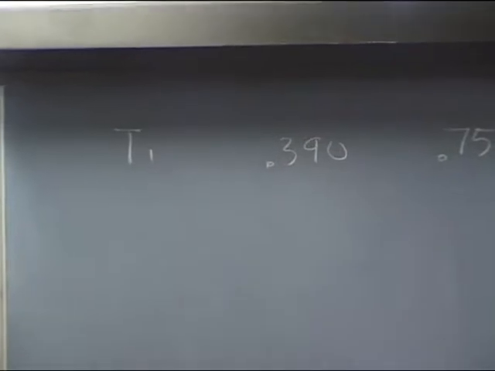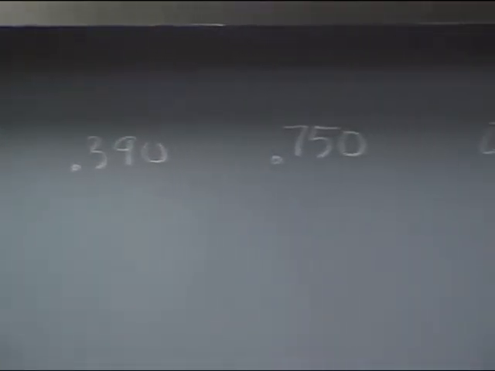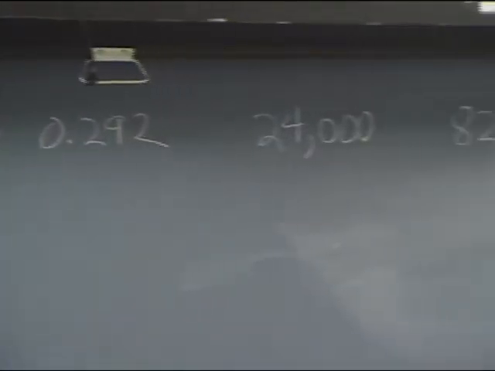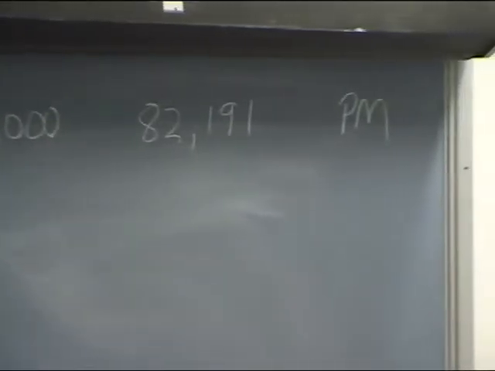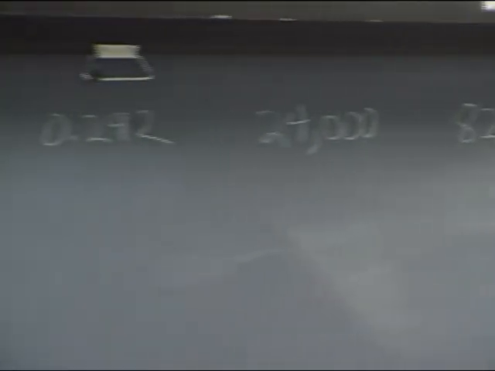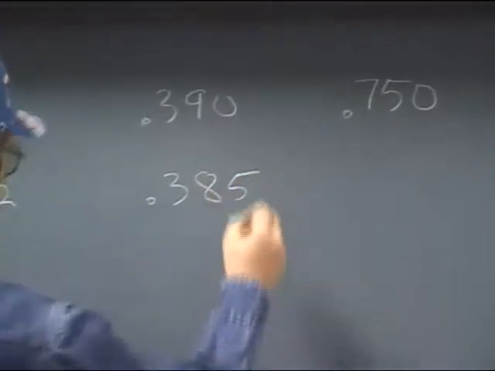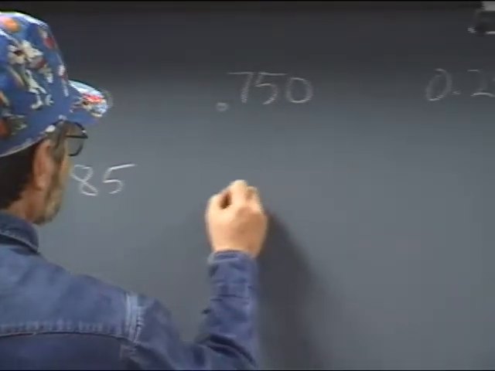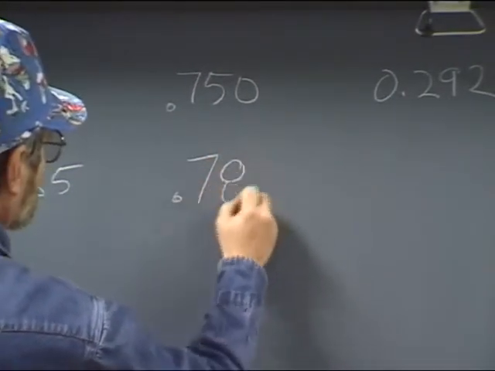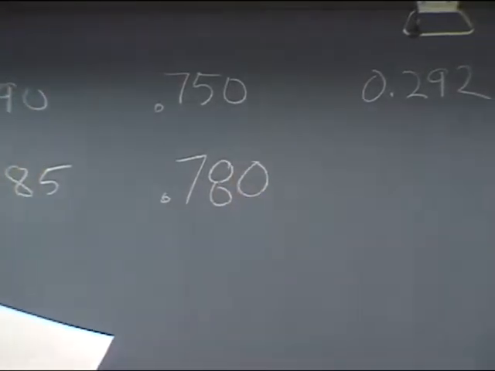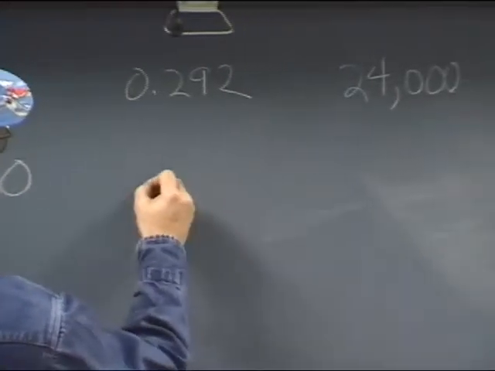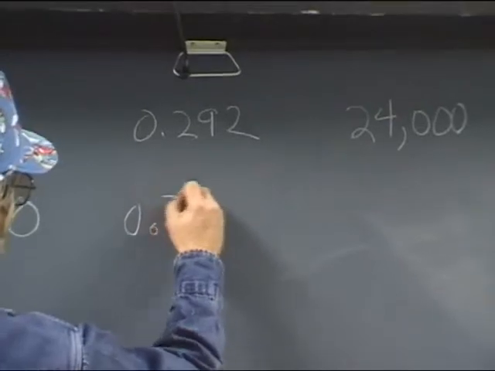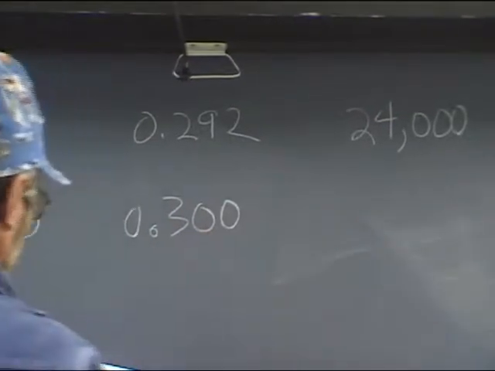Now, to qualify this procedure under ASME, we have to do 2 of those. So our next one would be recorded as T2. And for this one, we have a width of 0.385. The thickness varied just a little bit. We didn't machine it quite as much, so it came out at 0.780. The total area was 0.300.